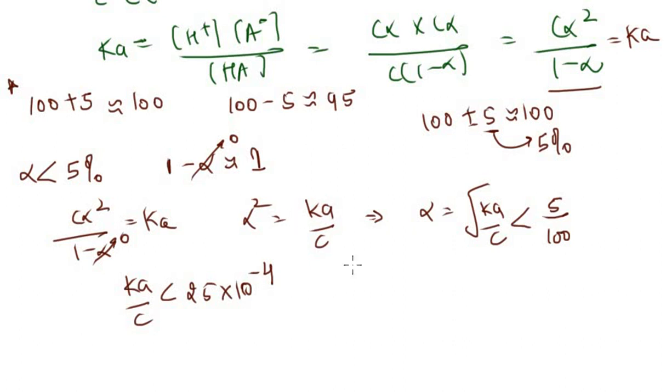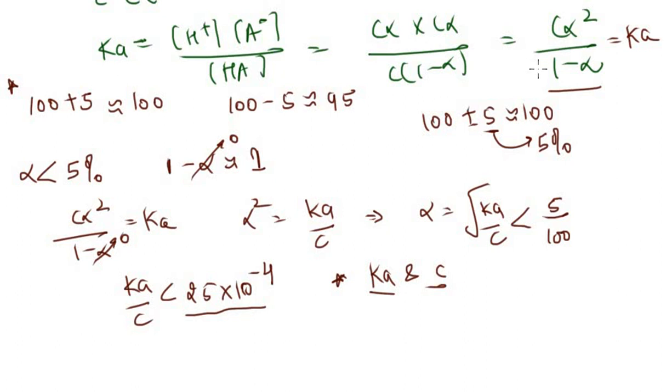So first of all, in any problem where you are given Ka and C, you divide Ka by C and check whether it is less than 25 into 10 to the power minus 4. Then you may use the method I am telling. Otherwise, you have to solve the quadratic equation to calculate alpha, then H plus equals C alpha, and then calculate the pH.